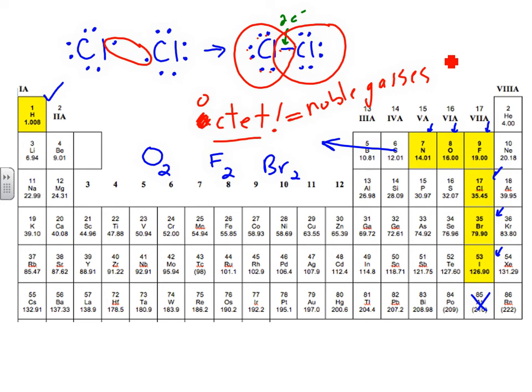Hydrogen wants to be like helium, so you'll see that 2 hydrogens will combine together and look like this. And this is simply 2 electrons, each brought by a hydrogen. And so hydrogen now can be like helium. So the reason they double up, the reason for diatomic elements, is because of the noble gases. Everyone wants to be like the noble gases.